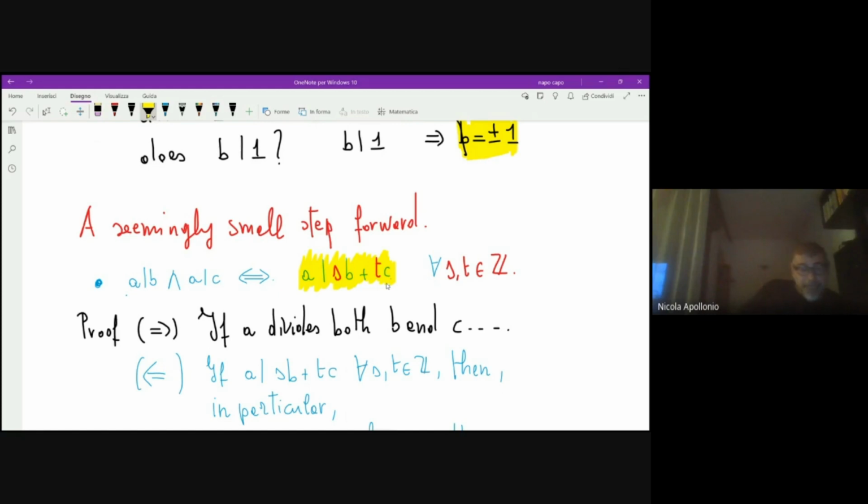If A is a common divisor of B and C, then A divides any expression of the form S times B plus T times C, whichever S, T in Z.